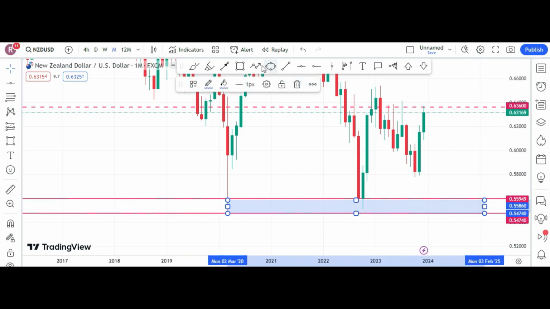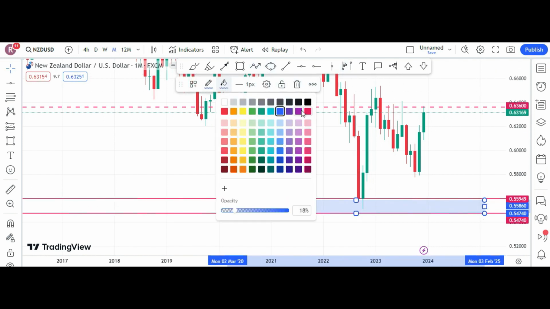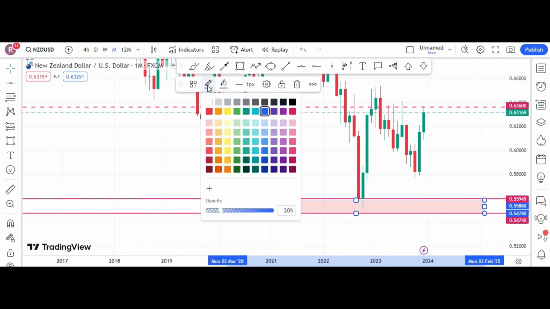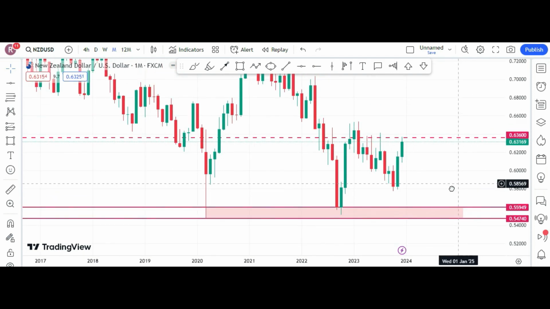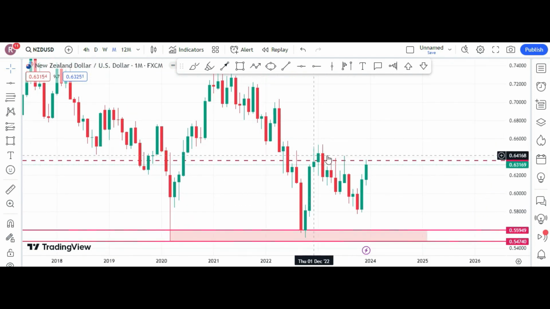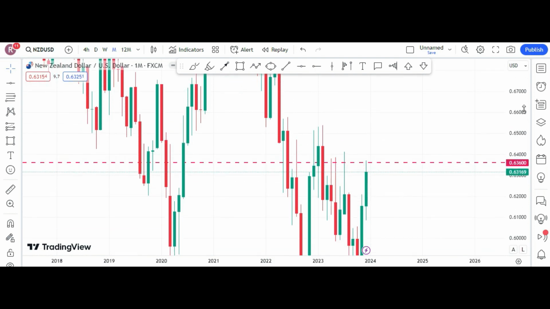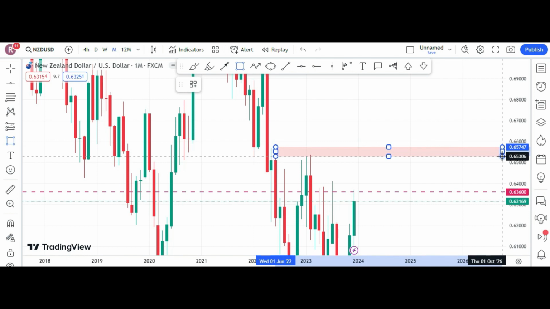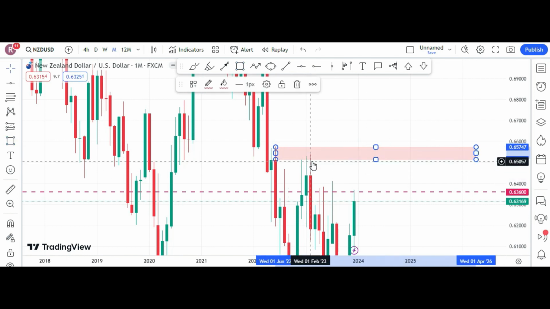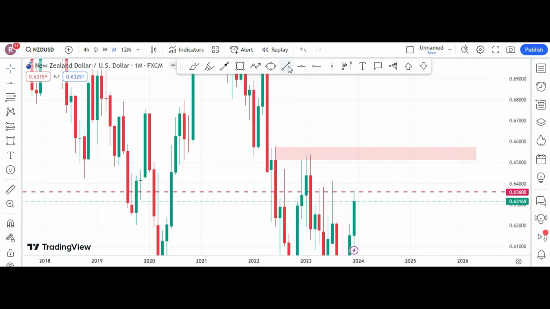Let's put it in the right perspective so we don't miscalculate anything. Second thing, when it came up here, didn't it make a double top? Yes, it did. In monthly it made a double top from here to here, can you see? Let's mark it also.